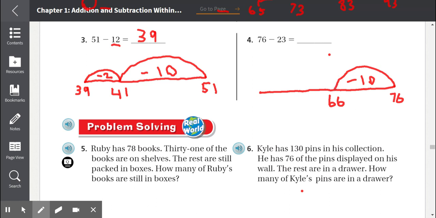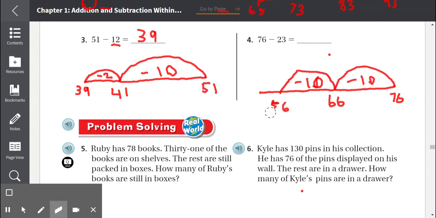So I know I can do another jump of 10, because another jump of 10 equals 56. Oops. 66 minus 10 equals 56.